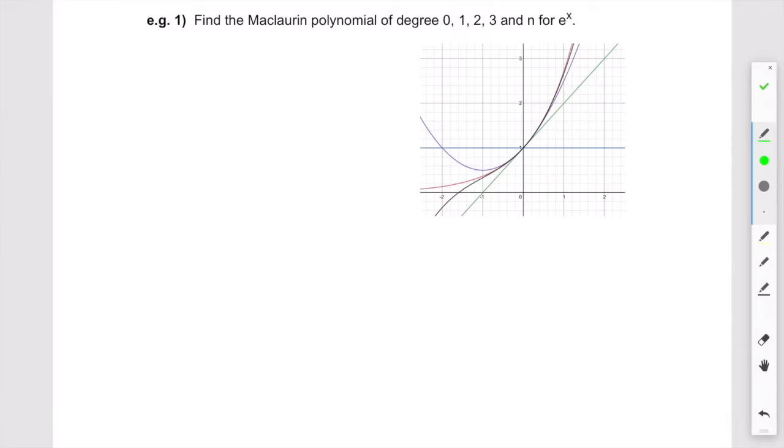Here, we're going to find the Maclaurin polynomial of degree 0, 1, 2, 3, and n for e to the power of x. Ignore the graph on the side for now. We'll be looking at that a little later.